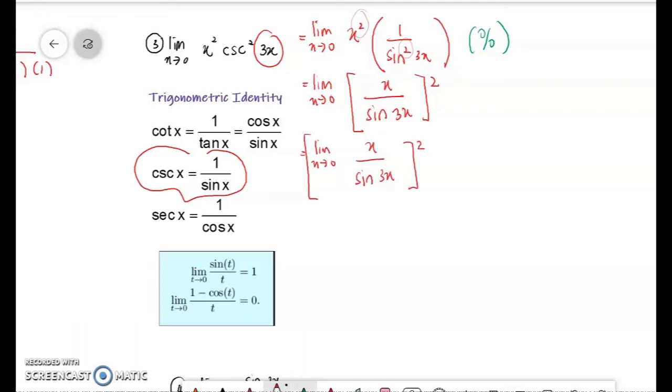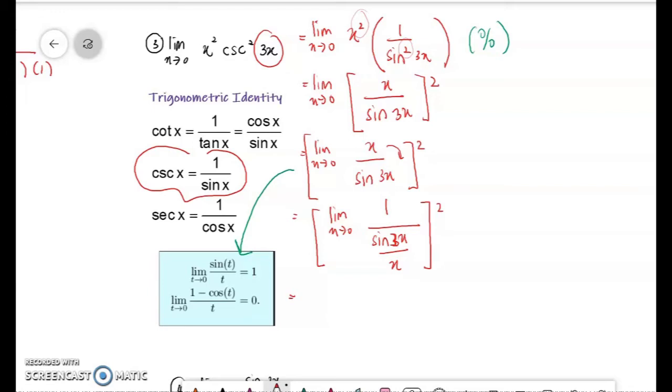Then how do we make it similar to this property? So this equals the limit as x approaches 0 of 1 over sine 3x over x. Bring this 3 down, and you get a square here.